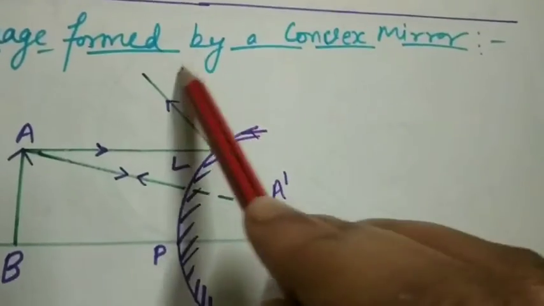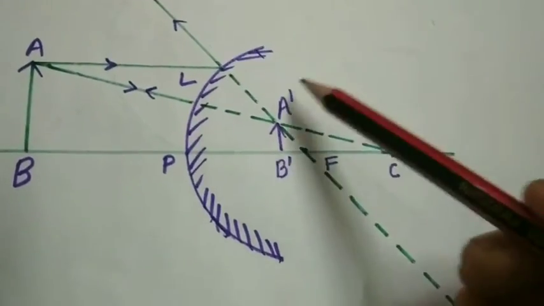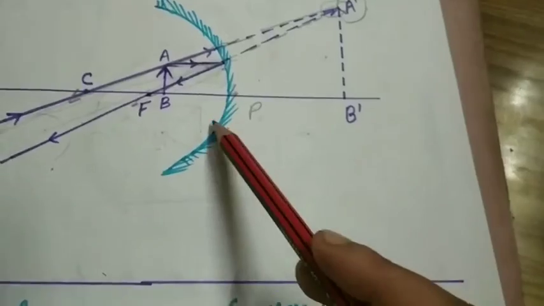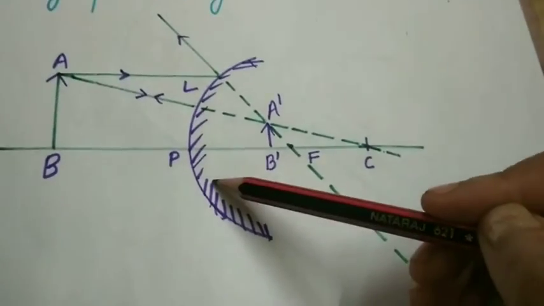Now the case of the image formed by a convex mirror. You can see that there is a difference. This is the concave mirror, this is the convex mirror.